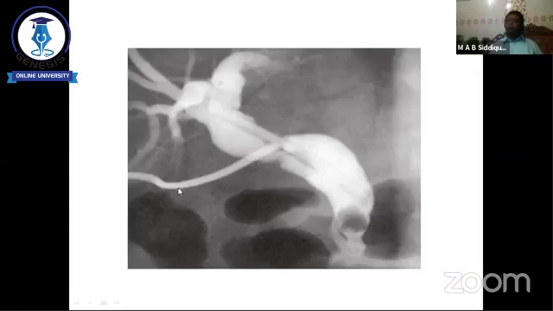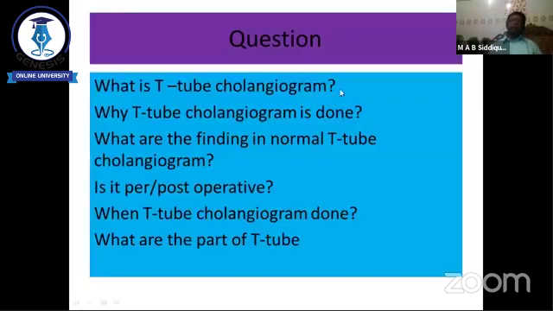It is postoperative, because in case of peroperative, some instrument may be retained in the X-ray, but there is no instrument, so that indicates it is a postoperative T-tube cholangiogram.